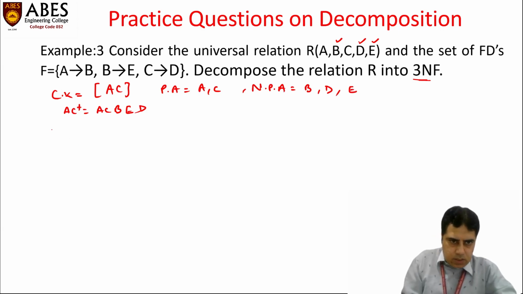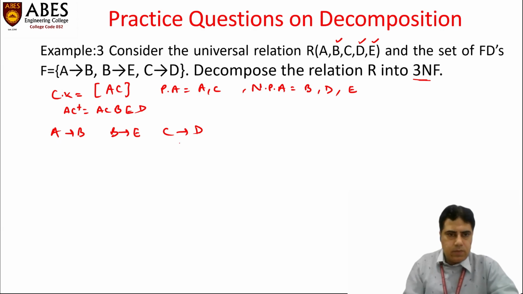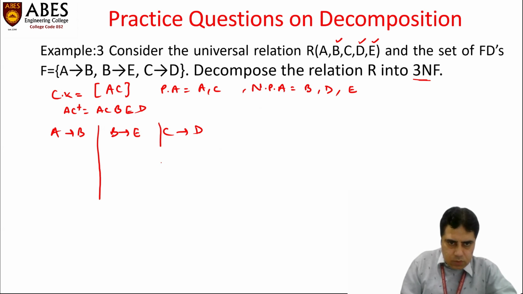Now take the given functional dependencies: AB, BE, and CD. Here we will directly decompose the relation into 3NF. Now check the given functional dependencies for 3NF.